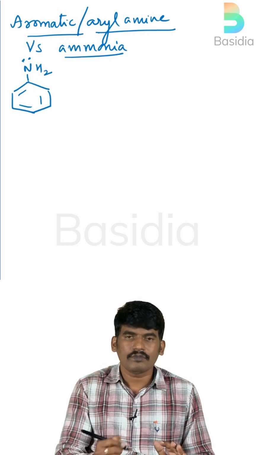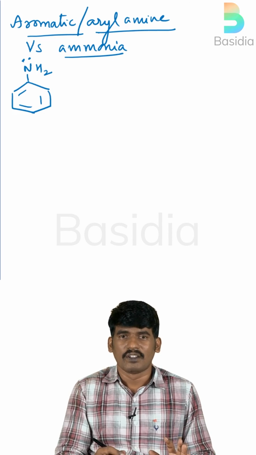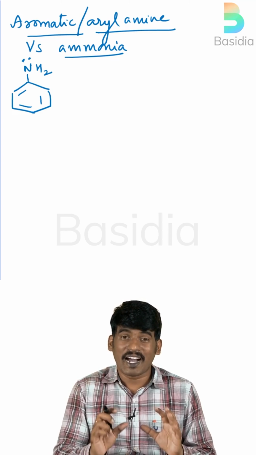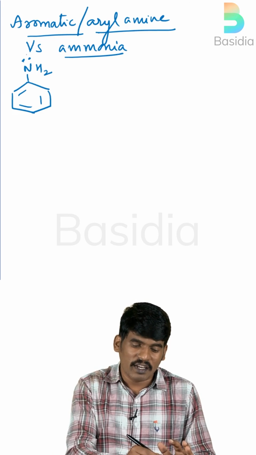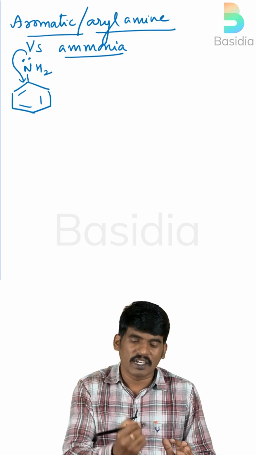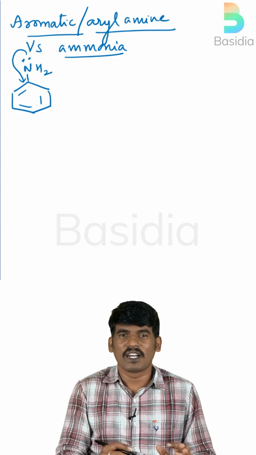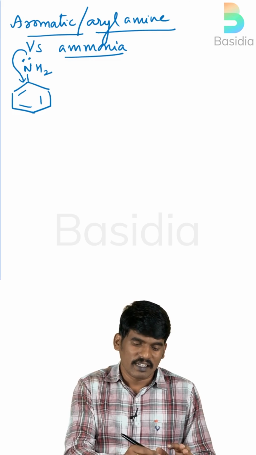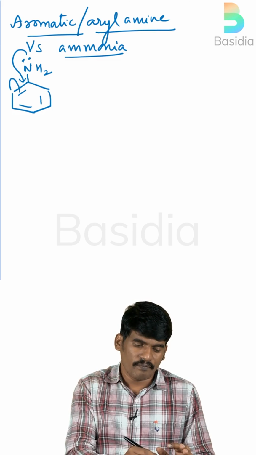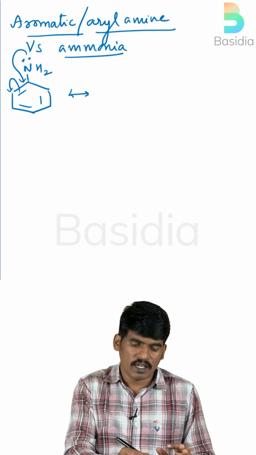C6H5NH2. Nitrogen has a lone pair. It is ready to donate. But that lone pair is involved in resonance with the benzene ring. Then what will happen if I polarize the bond in this way? Right? It gives a resonance structure.